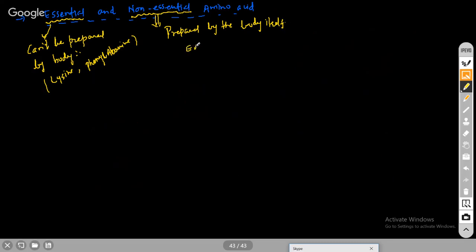Example, you write down glycine. What is G in glycine? Then alanine. What is G in glycine? What? Hydrogen. Yes. Next, write down formation of protein or protein formation.